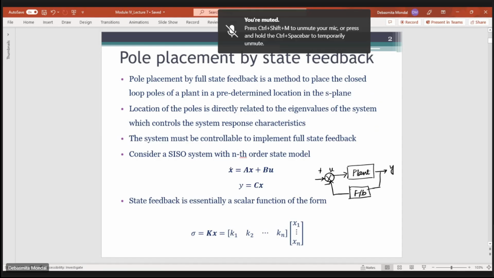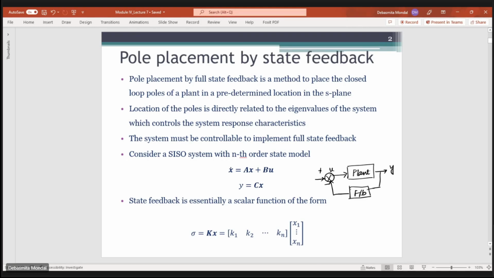The location of the poles is directly related to the eigenvalues of the system. We have already seen that the closed loop poles of the system are the same as the eigenvalues of the system matrix, and depending on their position, that would govern how the system response, the dynamics of the system, will look.